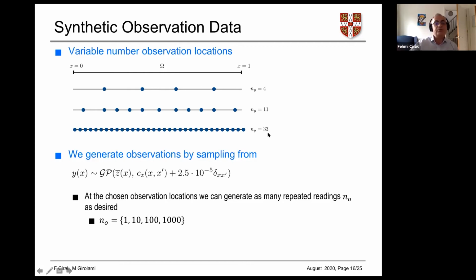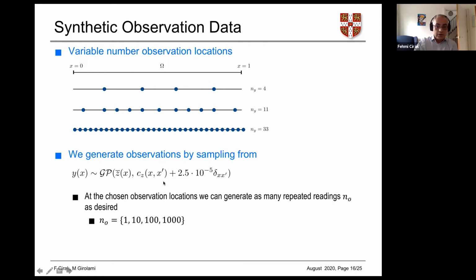Okay, so these are different cases which we will look at in turn. Then at these sensor locations, we generate synthetic observations with the given real system behavior, which we assumed on the previous slide, the gray region and black curve.